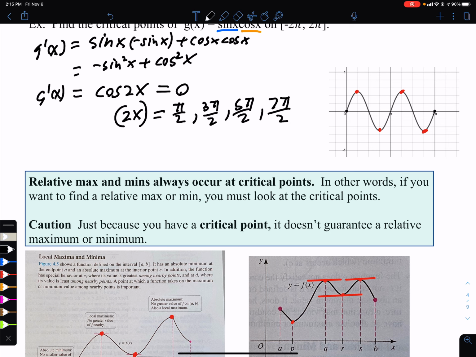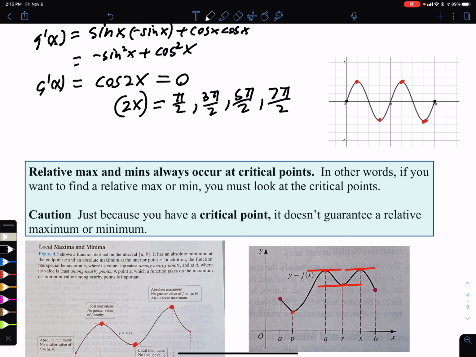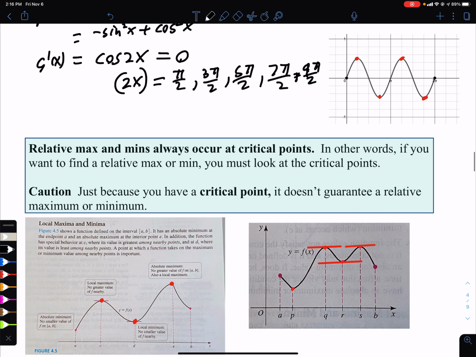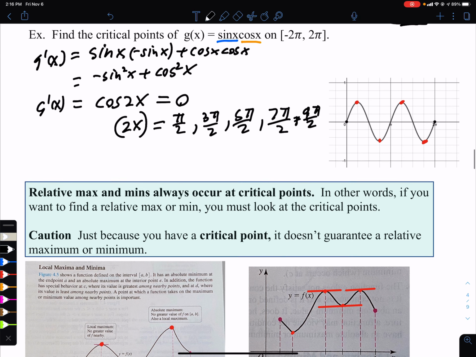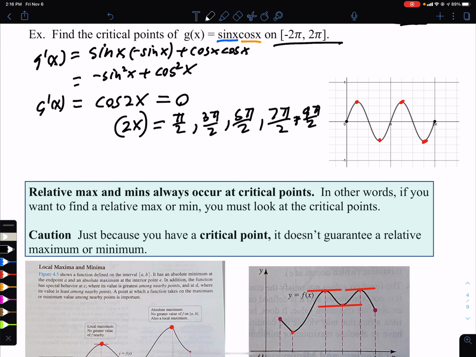And I'm going to stop there because look at my domain. Well, actually, I should keep going. Well, we'll see what's going to happen here. I'll go farther. 9 pi over 2. Now, I want to solve for x. It's the x values of the original function here.